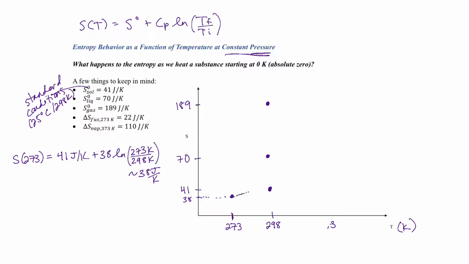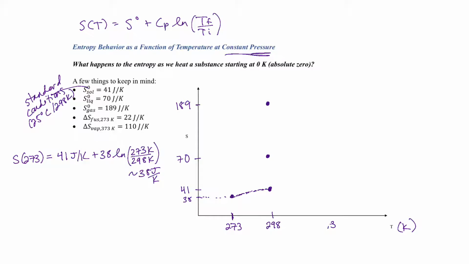So we can just connect that dot in a log shape. Okay, and that's going to be the pattern that we see for the rest of our phases, right? So we're going to do the same thing for our liquid, where we're going to have a logarithmic kind of shape as we change the temperature either hotter or colder for our liquid phase, and then same for the gas phase.